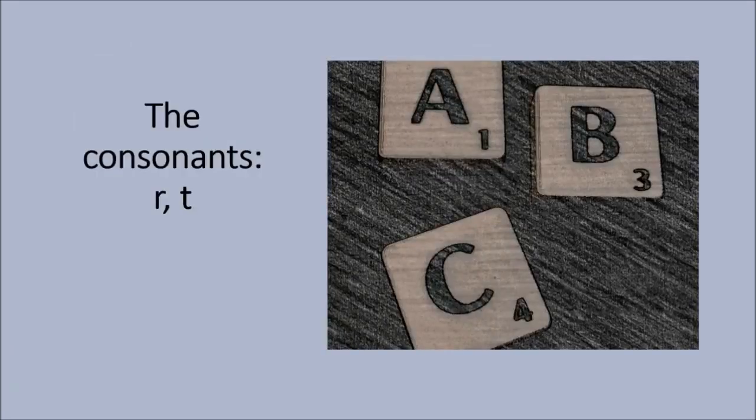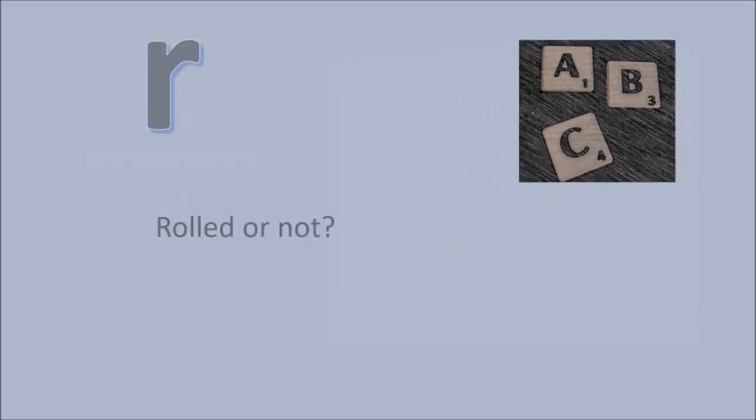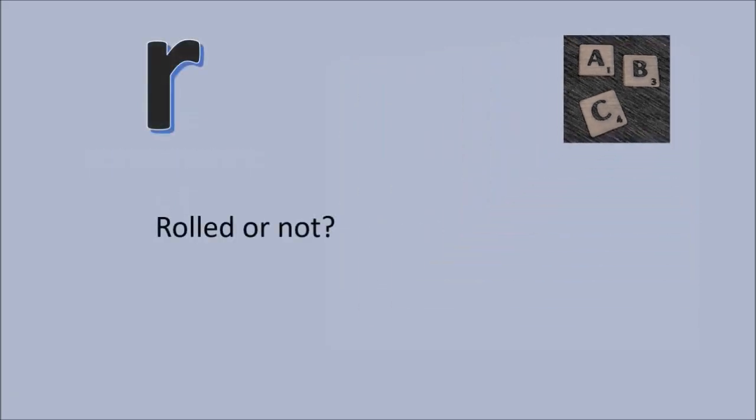In this video, we're looking at the consonants R and T, R und T. And before we even start, a quick question about the R. Is it rolled or not? People often hear this in war films, or sometimes in music. I think Rammstein are pretty good at rolling their R's, or at least sometimes.